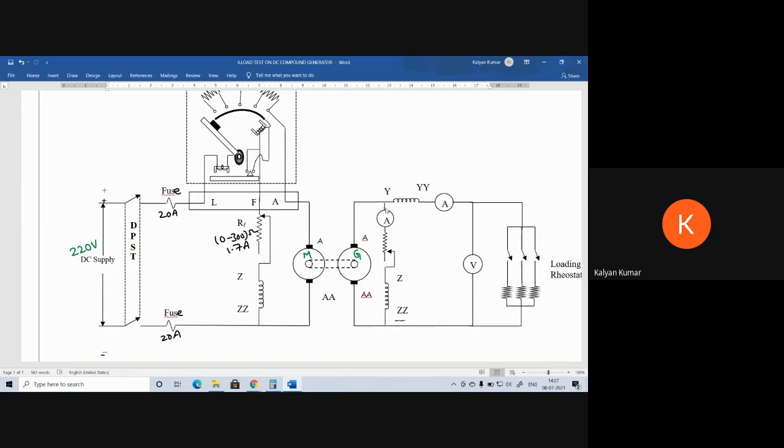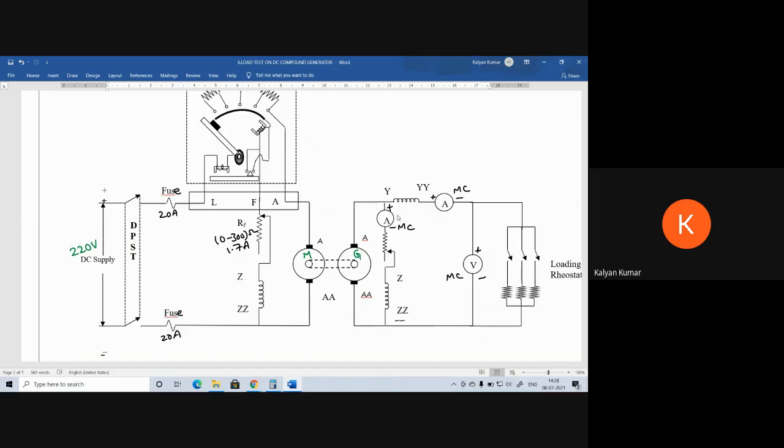In the generator part, we have two ammeters and one voltmeter. This is plus minus, current entering terminal plus, leaving terminal minus, and they are of MC type. Now, this ammeter is placed in the field circuit of the compound generator.